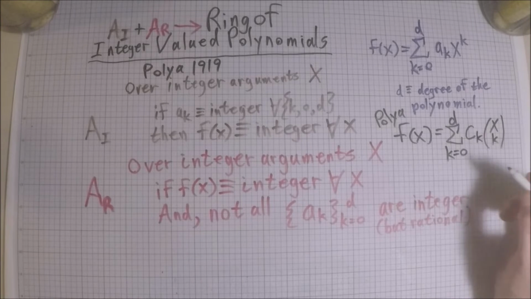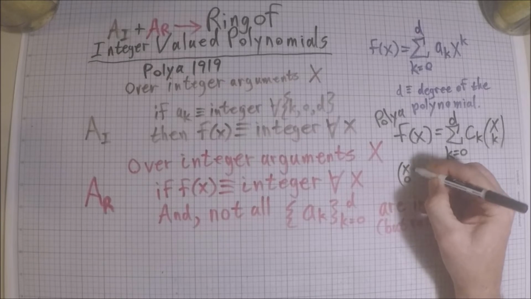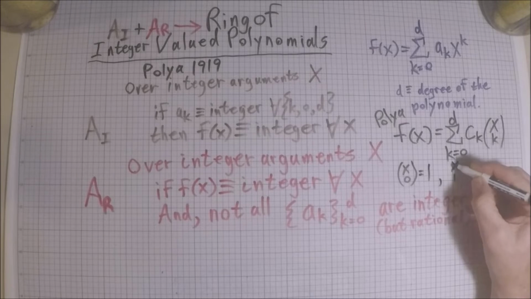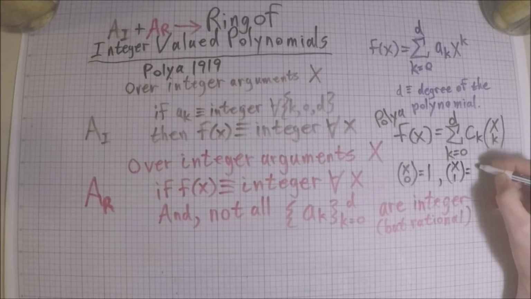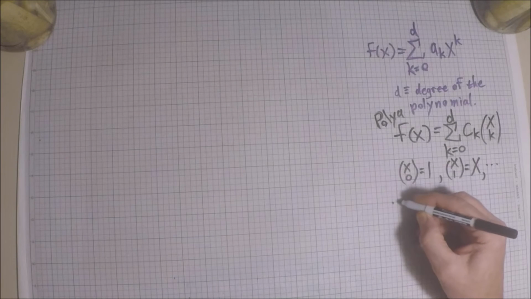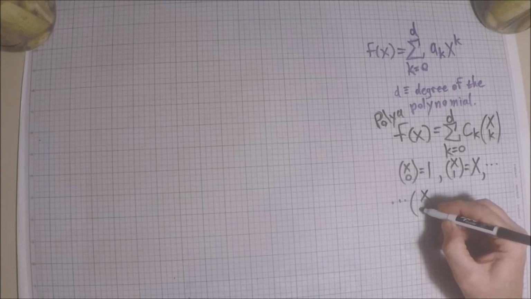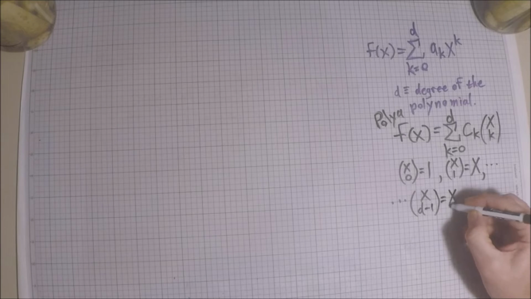So a unique coefficient set, ck, will reproduce the polynomial in terms of binomial coefficients, as opposed to the canonical way of a linear combination of powers of x up to x to the d. So rather than coefficients times powers, x to the 0, x to the 1, x to the 2, Polya here has coefficients times the binomials straight from whatever degree row of Pascal's triangle.